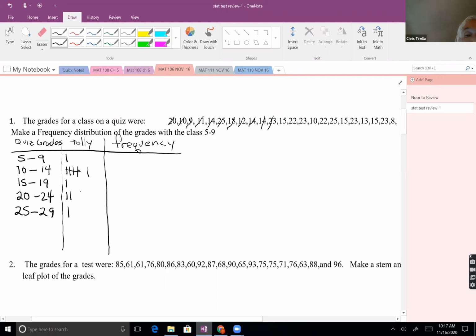You don't have to cross them out, but if I don't cross them out, I start going cross-eyed. 15, 22, 23, 10, 22, 25, 15, 23, 13, 15, 23, 8. Oh, and that's it. So my frequencies are 2, 8, 4, 7, 2.